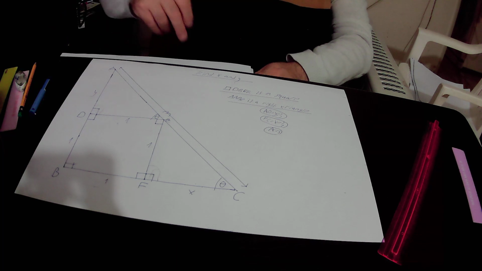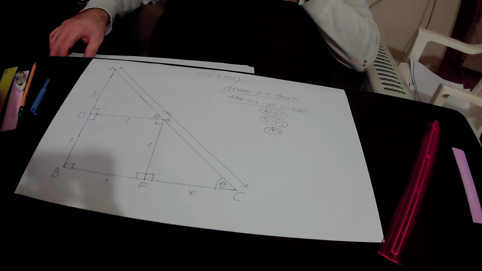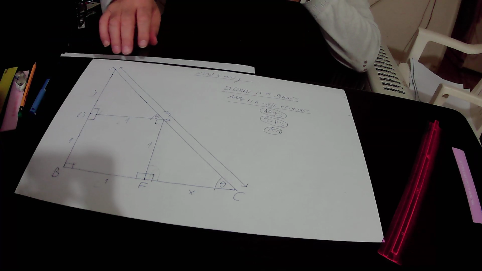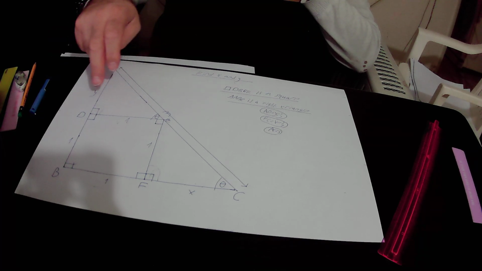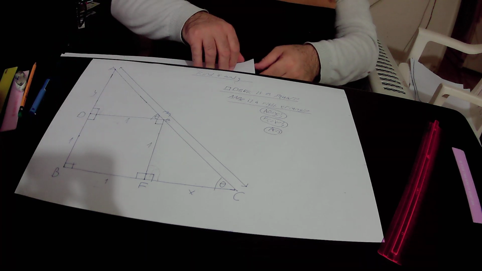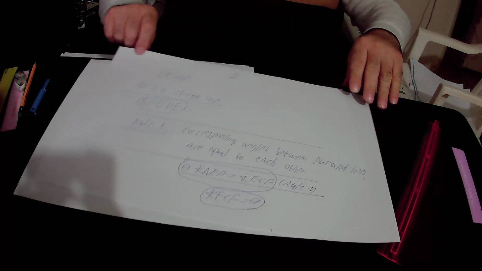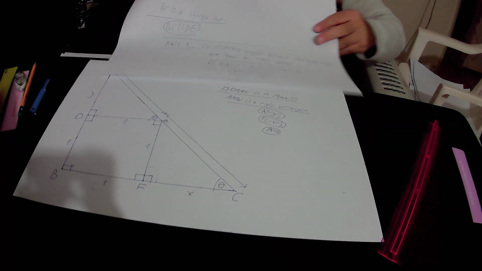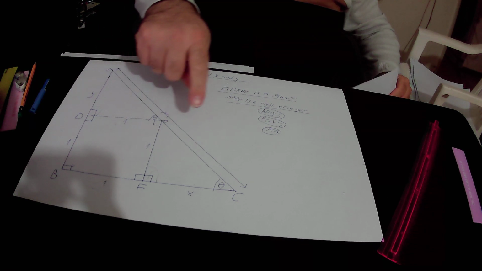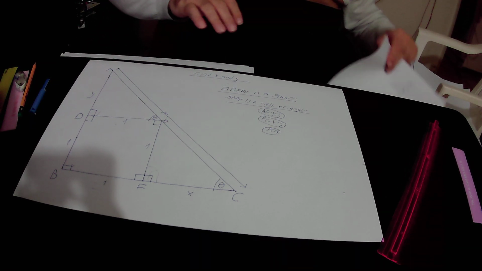that equals Y. So we have a rule that states that the opposite sides of a square are parallel to each other, that is to say DE is parallel to BF. BC is one side of the right triangle ABC, therefore it is absolutely a straight line.